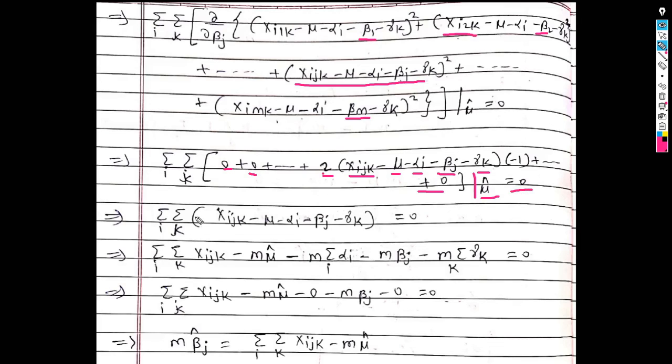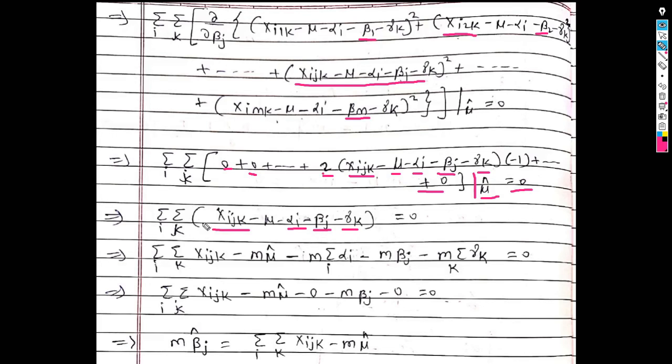In the next step we get this summation. Here 2 into minus 1 is taken outside the summation, and this minus 2 is divided to the RHS. So we get the summation of (xijk minus mu minus alpha i minus beta j minus gamma k) equals 0.